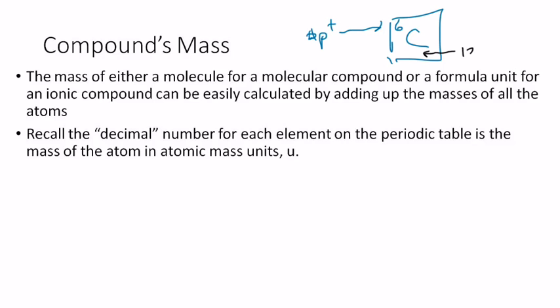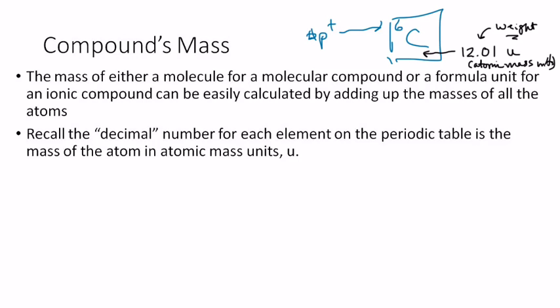For carbon, that decimal number, 12.01, is the average atomic weight of an atom of carbon. And do you remember I said it's in units of U's? That's atomic mass units. So that's kind of a review.